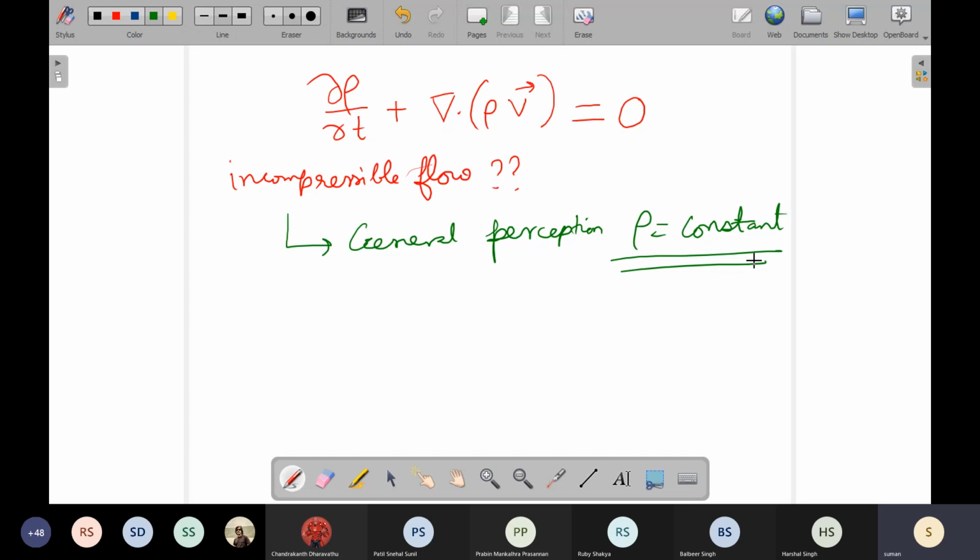Now, let us look into the implication of this. If density of the fluid is a constant, then of course it is not a function of time.